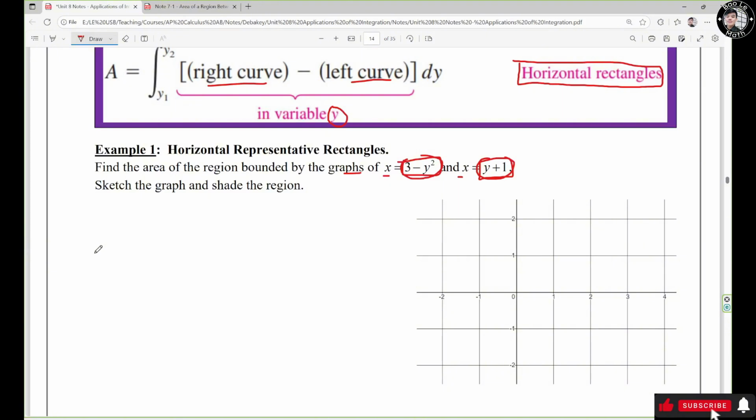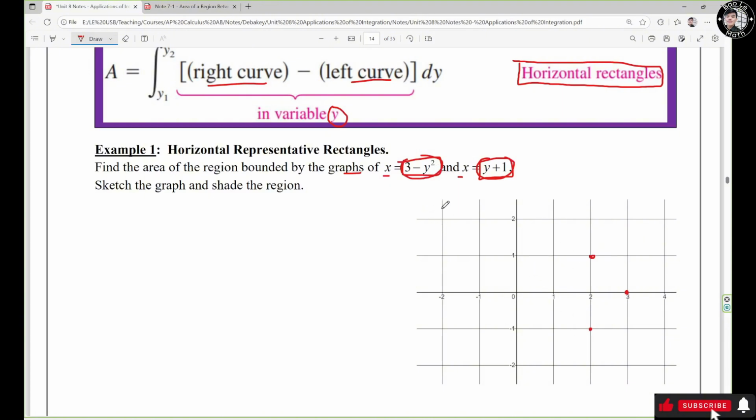So the first thing you need to do is get the regions. y equals 0, x equals 3, it's going to be right here. y equals 1, x equals 2, right here. y equals -1, x equals 2, so it could be right here.